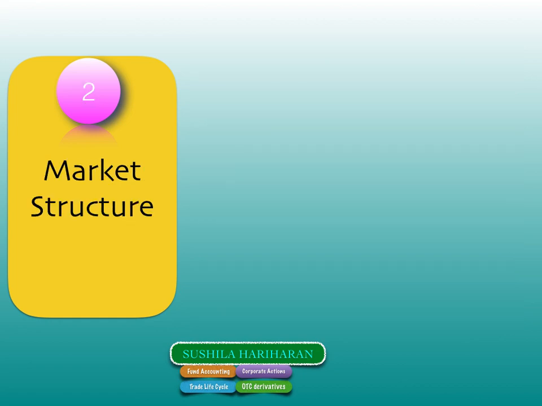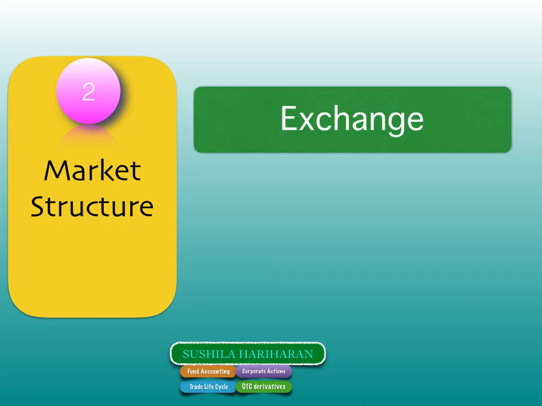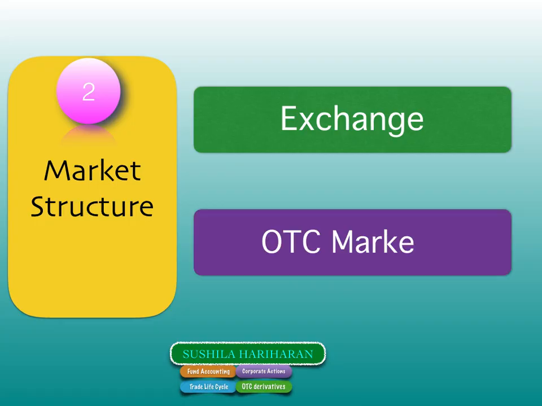The second categorization is on the basis of market structure. Now, what do I mean by market structure? Market structure means whether the market is organized like a stock exchange or a exchange platform, or whether it is an OTC market, OTC standing for over the counter.